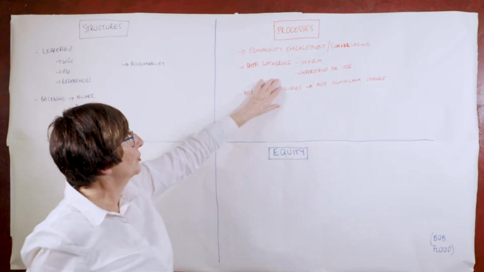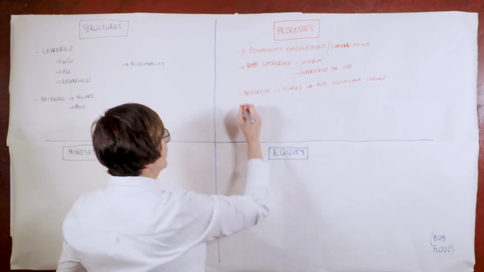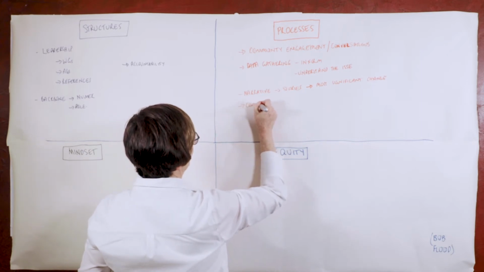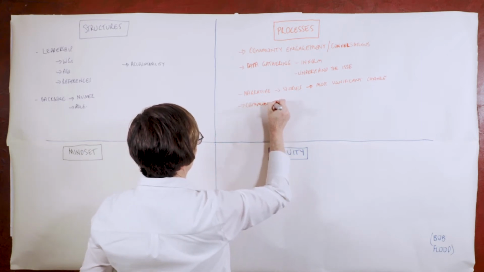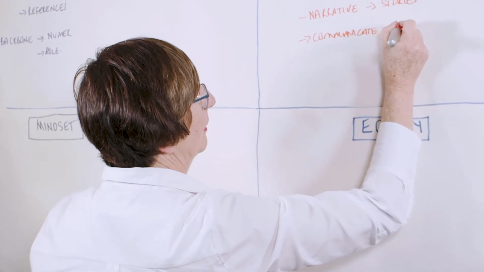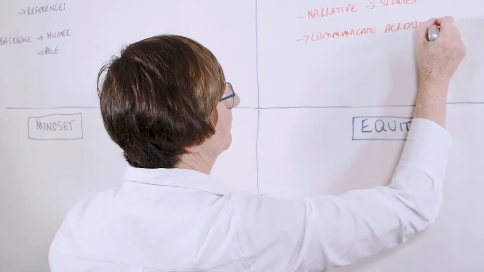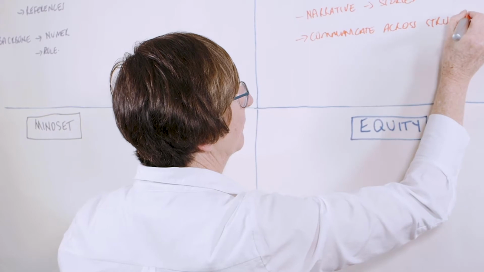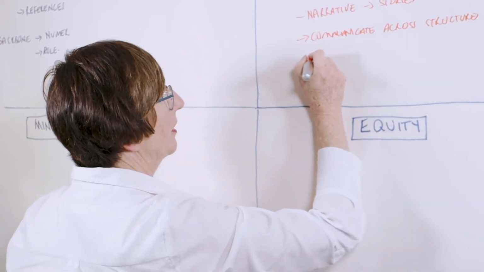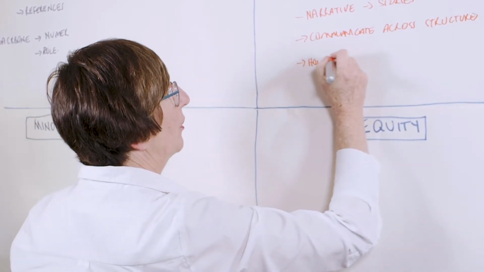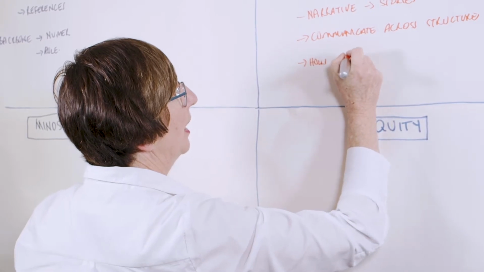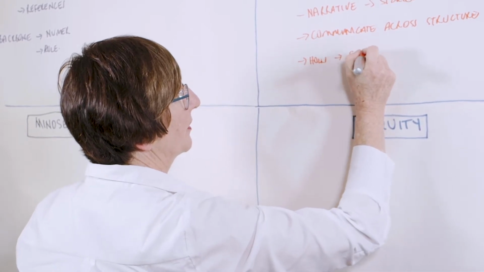So what you're also defining in the process are things like how we're going to communicate across our structures. And you're looking at things like how we're going to define the system.